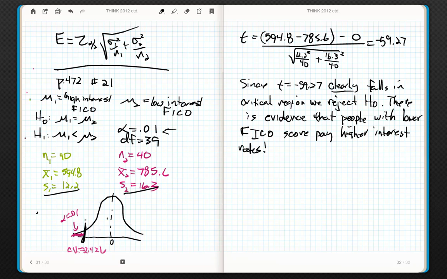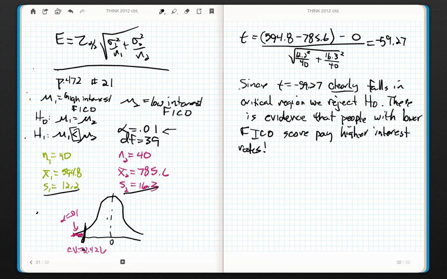I go to the T-chart in the back of the book, and I go to degrees of freedom, which is 39. I go to the area in one tail. It's clearly a left tail, remember. My inequality always points in the direction of the tail. And I got a critical value of negative 2.426. There should be a negative in there somewhere. Sorry, it's a little hard to see. There, negative 2.426.